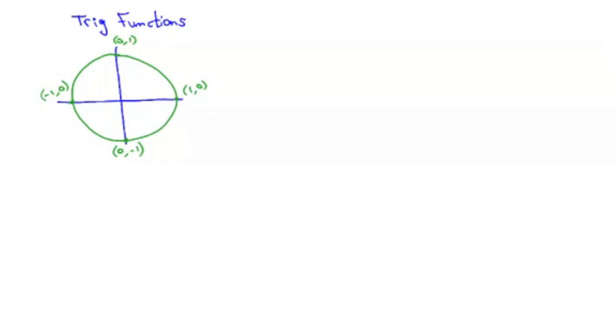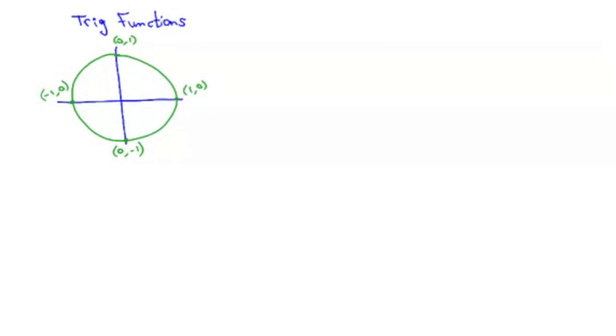This is the general picture for the unit circle that you do need to memorize. It is the only way to calculate 0, pi over 2, pi, 3 pi over 2, and 2 pi for our trigonometric functions. All the other methods I'm going to come up with will not work on those angles. So if we're dealing with sine or cosine of pi over 2, pi, or 3 pi over 2, you have to use this picture. There is no other shortcut around it.